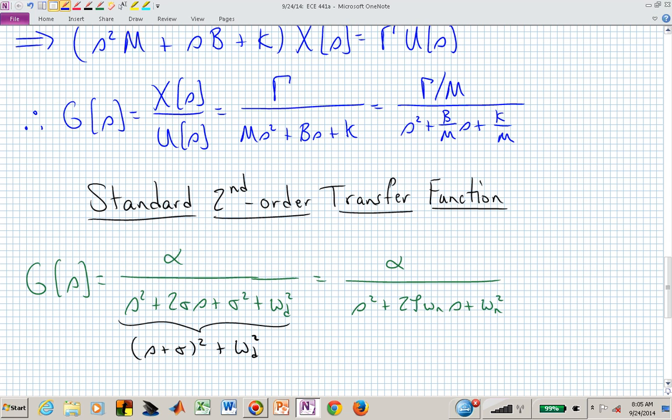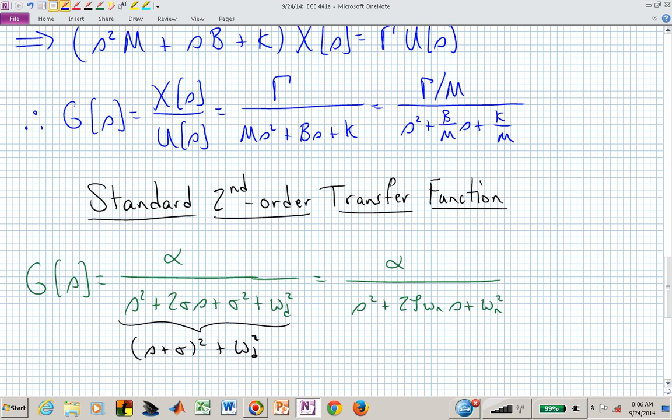And we can write this transfer function many different ways, or the denominator, it has several different familiar forms or variables that you might be parameterizing that denominator with respect to. You have the sigma, which corresponds to what? The sigma corresponds to the real part of your root, doesn't it? That's the horizontal, and it's actually because we have s plus sigma, we are now into the left half plane, a distance minus sigma.